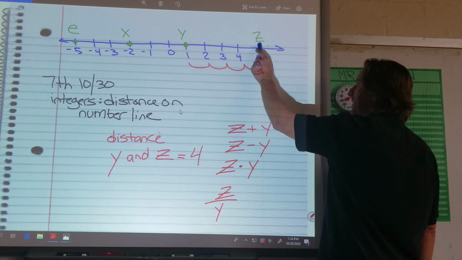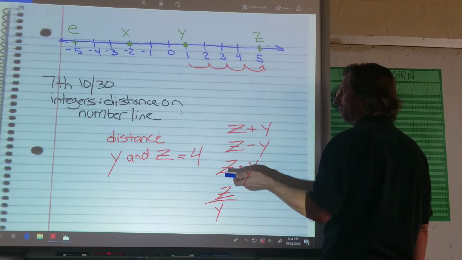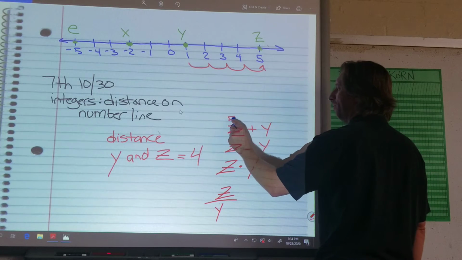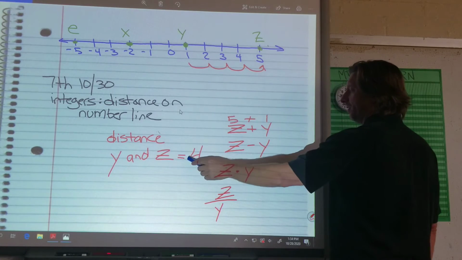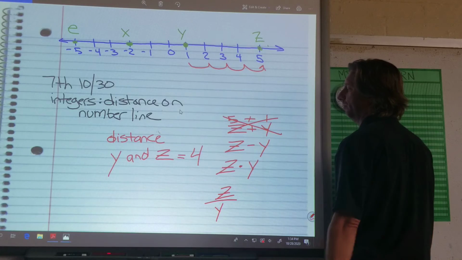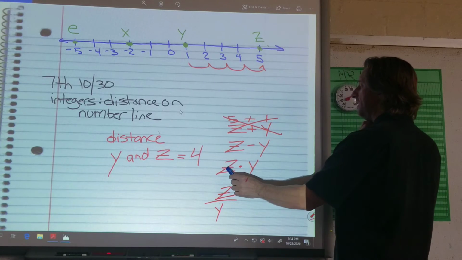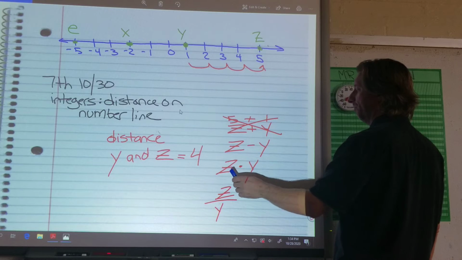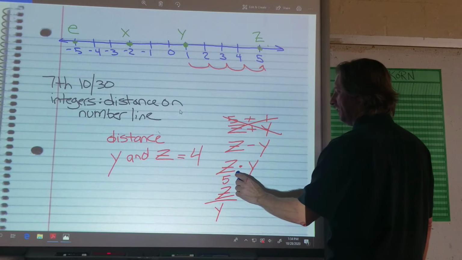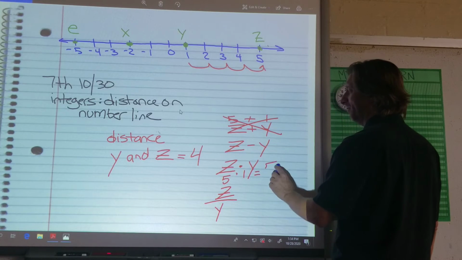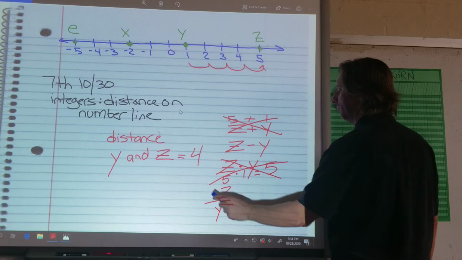Well, if I did Z plus Y, that's 5 plus 1. That gives me 6, not the answer. If I do Z times Y, that's 5 times 1, which is 5, also not the answer.